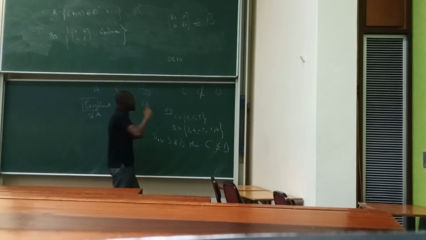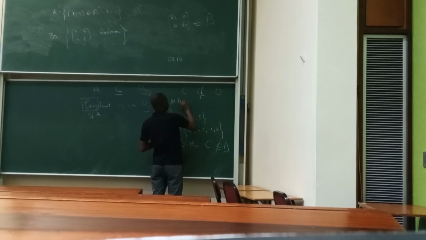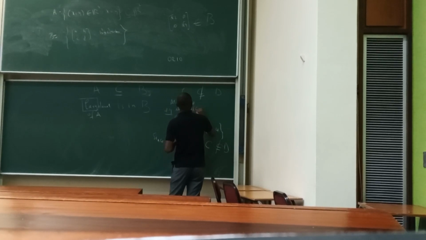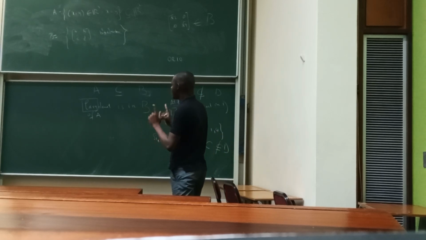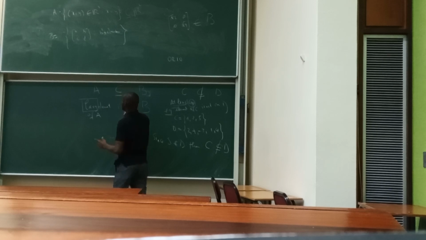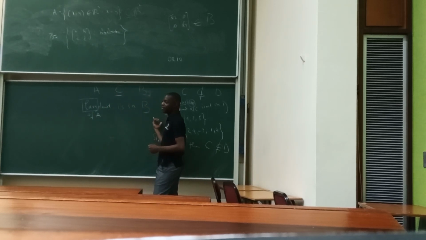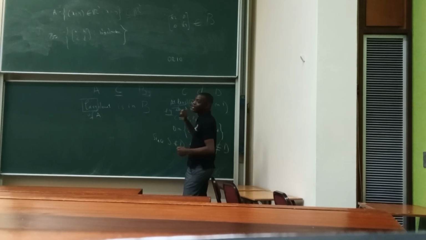But here, at least one element of C is not in B. See now the difference. If you want to prove the subset, you need to look at every element of A and find out that all elements of A can be found in B. But if you prove it is not a subset, you just need to exhibit one element, and that's all. Okay? Good.